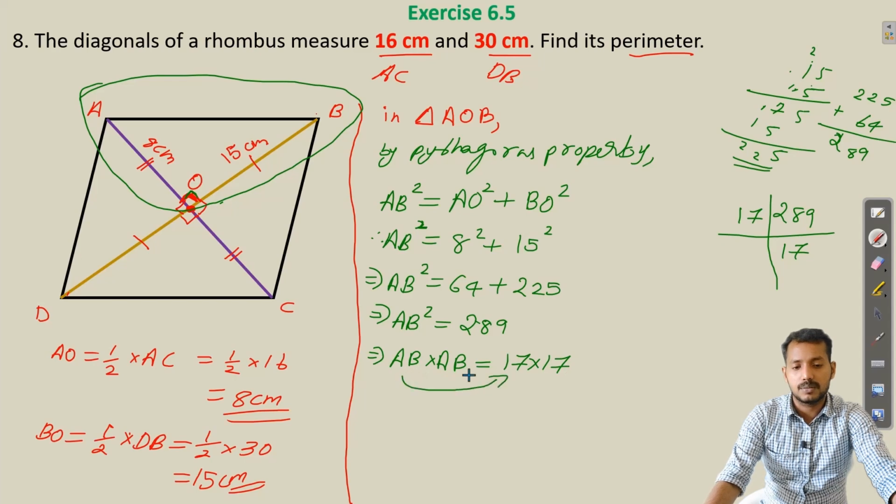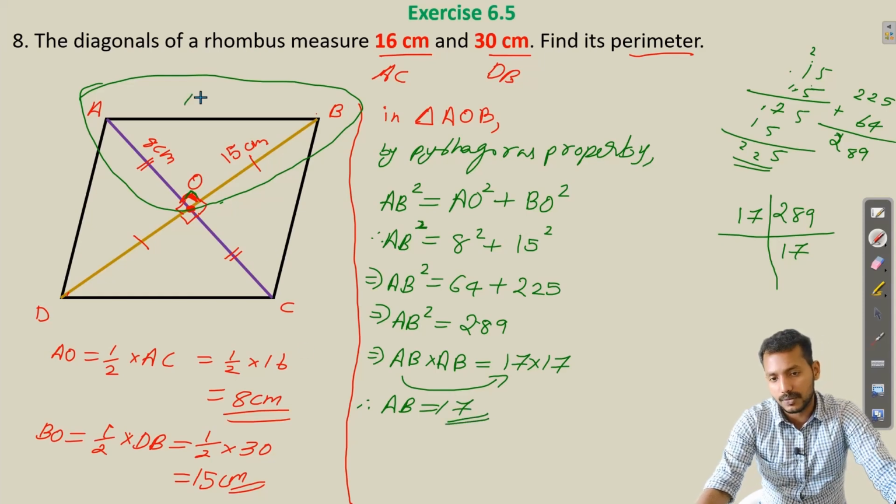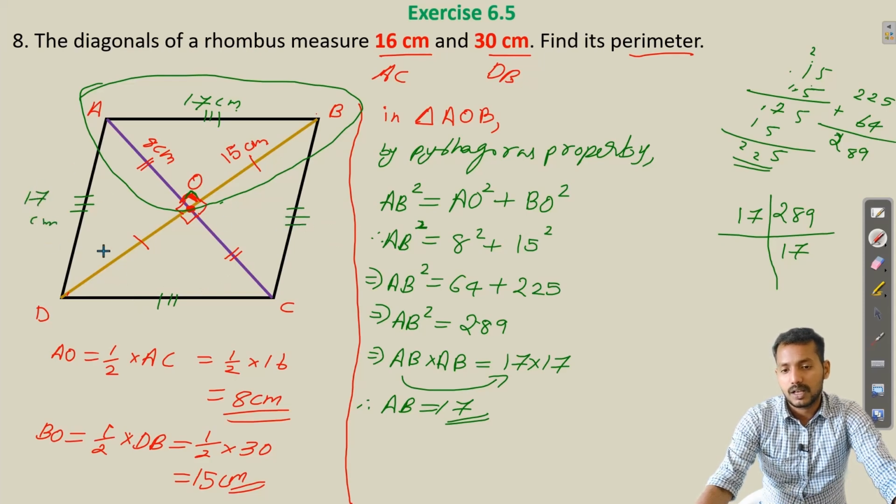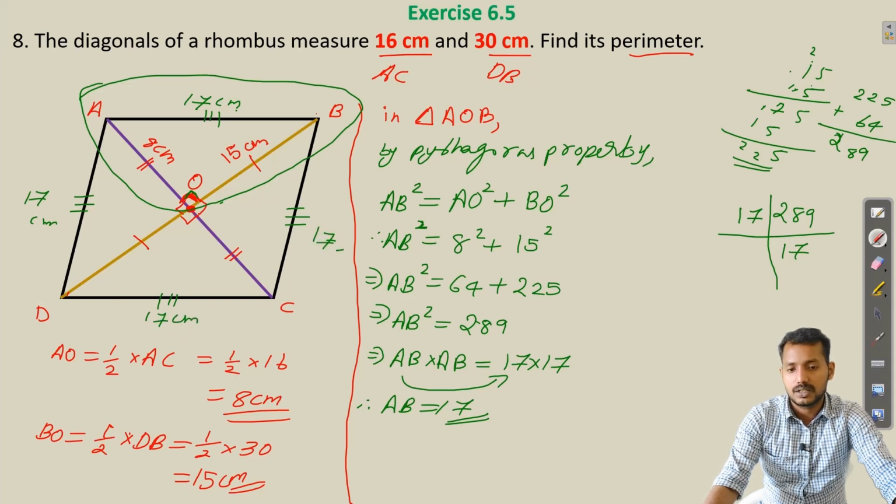That implies AB will be 17. So AB we got as 17 centimeter. Obviously, all the sides of a rhombus are equal according to the property of a rhombus. Therefore, this will also be 17 centimeter, and this will also be 17 centimeter, and this too will be 17 centimeter.